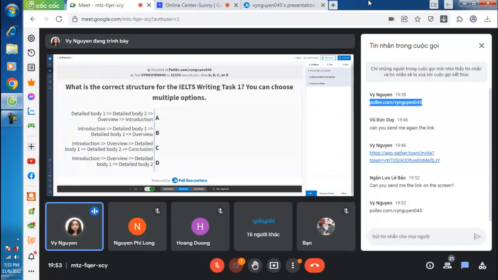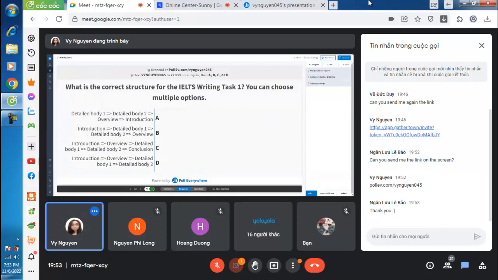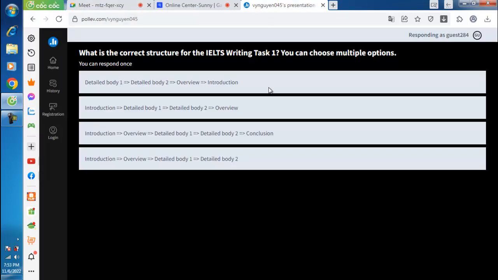Alright, now what is the correct structure? You can choose any options.